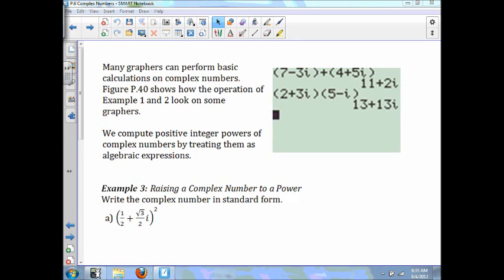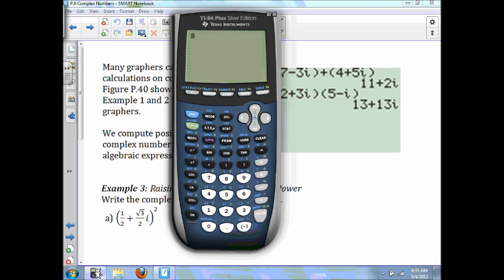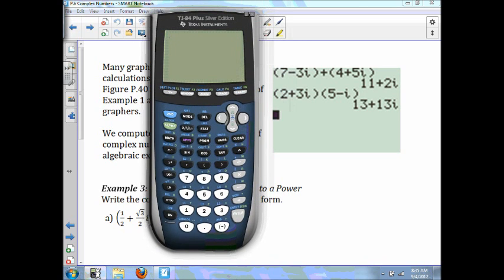Many graphers can perform basic calculations on complex numbers. The figure at the right shows how the operations of example 1 and 2 look on some graphers. If we look at that, you pull up your grapher. To get i in your calculator is actually pretty simple.